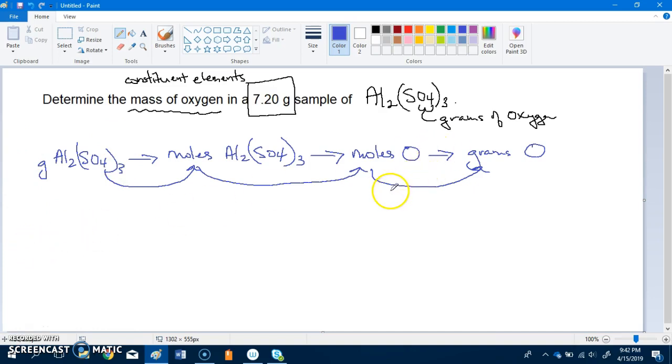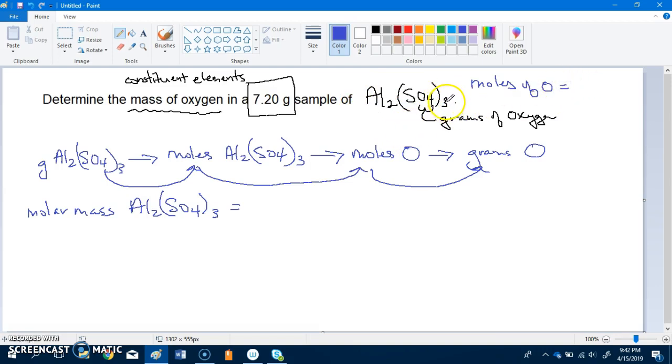So a couple of things that we need to know in order to do this. In order to go from grams of aluminum sulfate to moles of aluminum sulfate, we are going to need to know the molar mass of aluminum sulfate, and we can do that by adding up the mass of each of the constituent elements inside of it. We also need to know the moles of oxygen in 1 mole of aluminum sulfate, and we can do that right now.